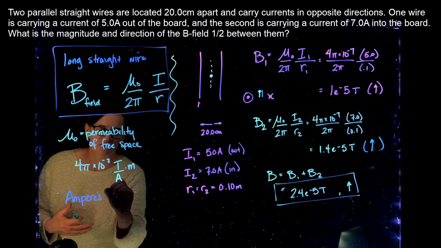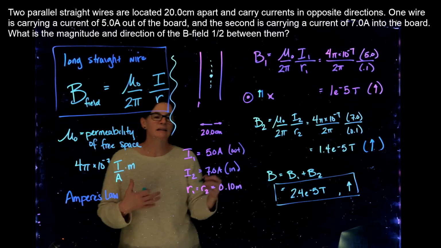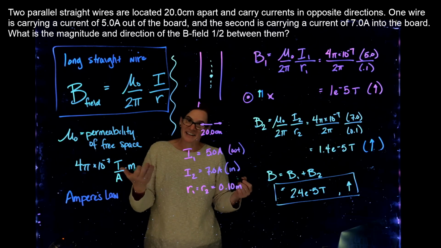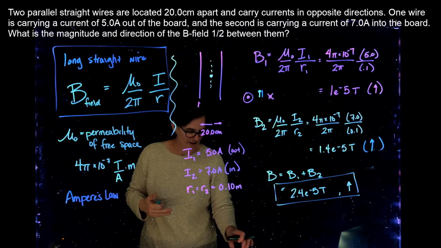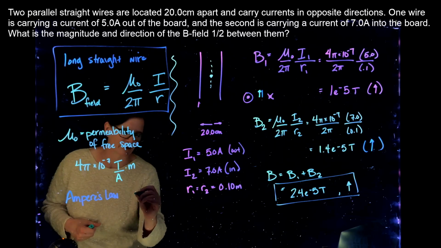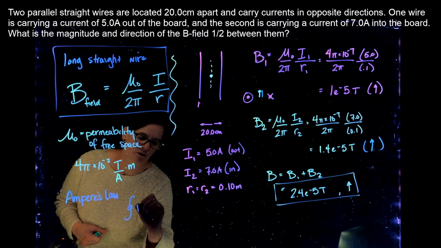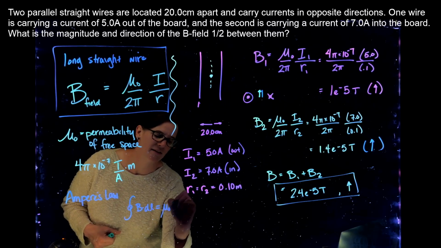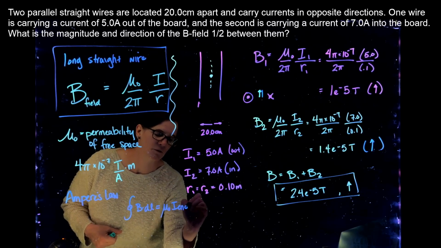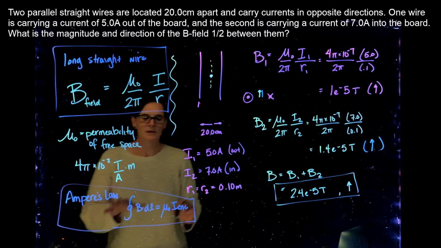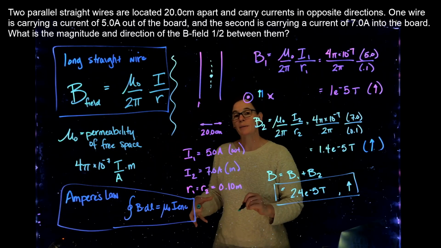And Ampere's law tells us the magnetic field on a path during a line integral for a current carrying wire that encloses that current. It is the line integral of B dot dl, and that gives us mu naught times that enclosed current.